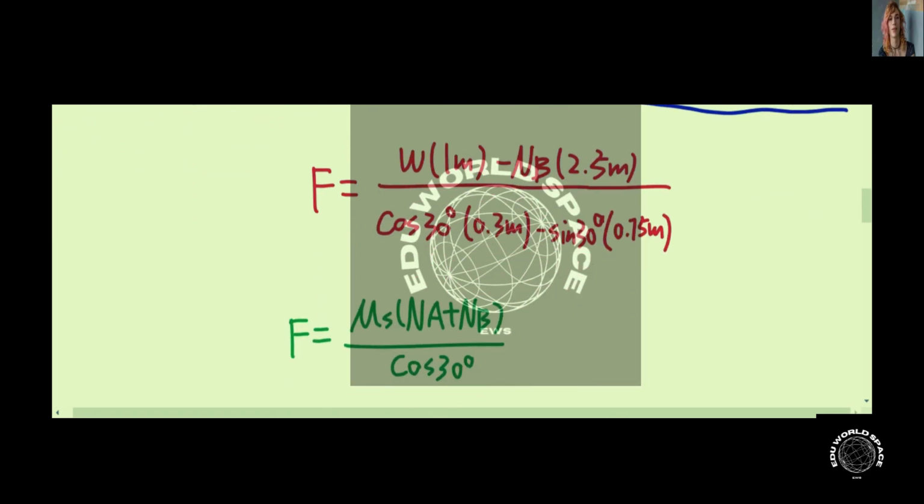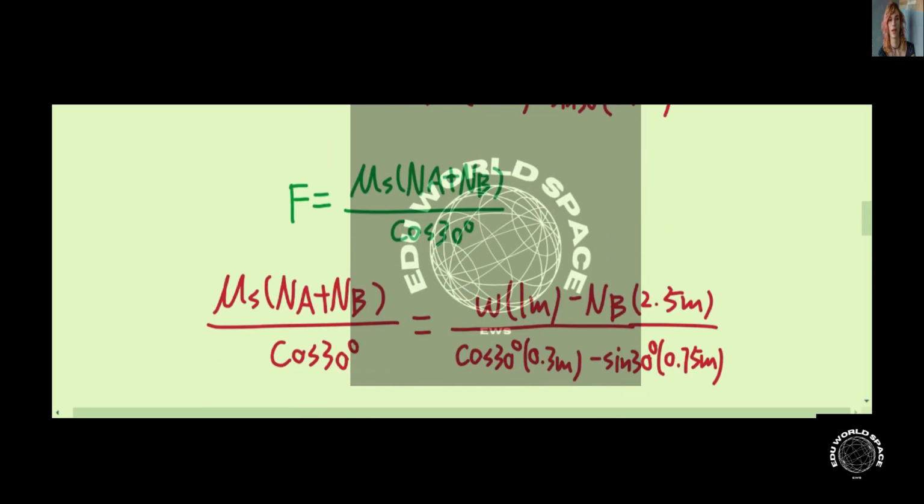We know force F is equal to mu S (Na plus Nb) over cosine 30 degrees. Therefore, mu S (Na plus Nb) over cosine 30 degrees is equal to (W times 1 meter minus Nb times 2.5 meter) over (cosine 30 degrees times 0.3 meter minus sine 30 degrees times 0.75 meter).